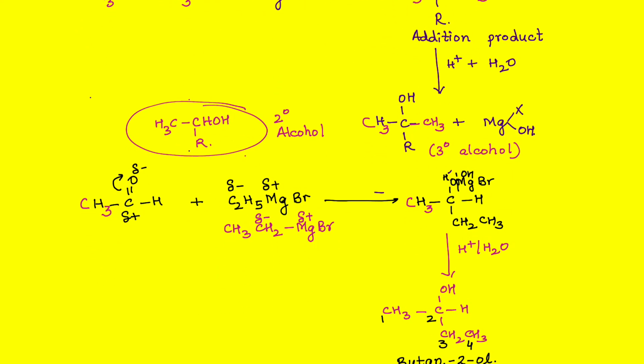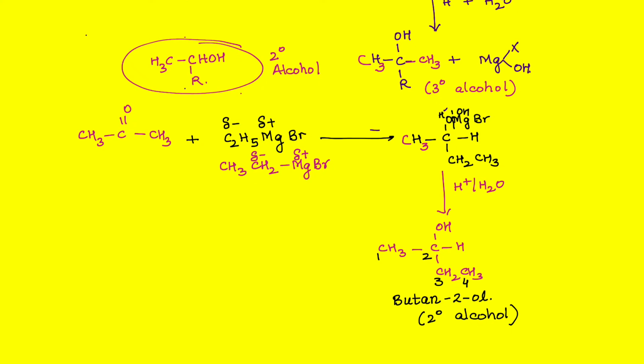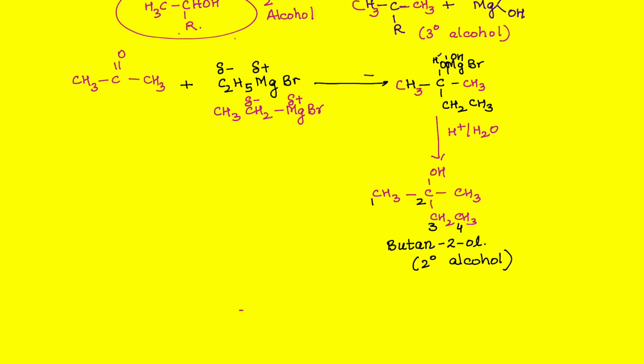Challenge yourself. How are you going to challenge yourself? Yes, of course, you know how I am going to tell you to do it. CH3, C double bond O, CH3. So what happens over here? Yes, again, it's going to be pretty simple here. Instead of H, what does it become? CH3. CH3. Now give the name of this alcohol.